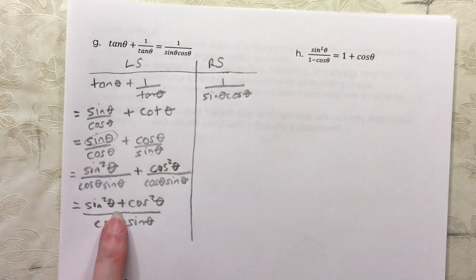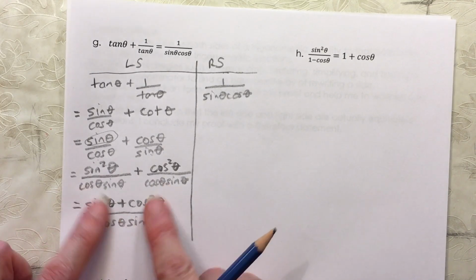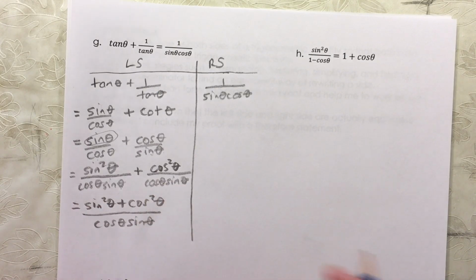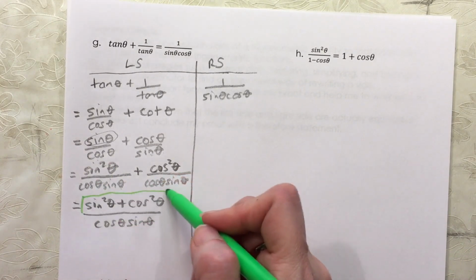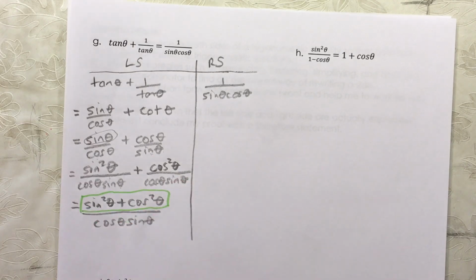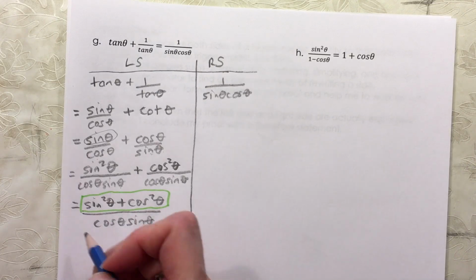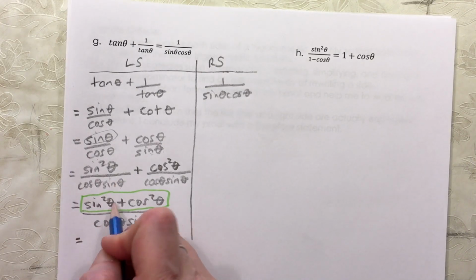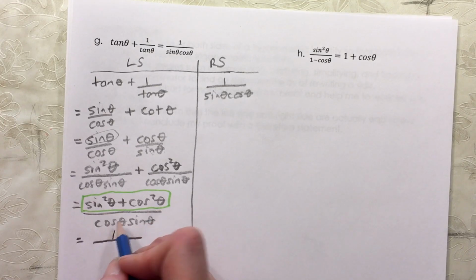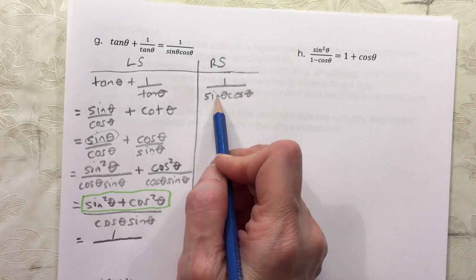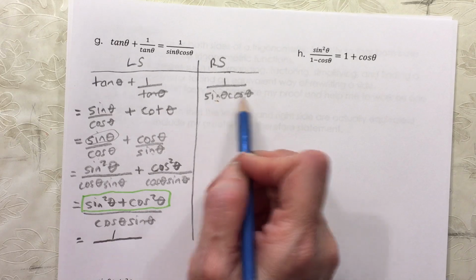And then again, there's a plus in the middle, so we can't do any dividing out. But the top again turns out to be a version of our most famous identity, sine squared theta plus cos squared theta. Sine squared theta plus cos squared theta equals 1. So I can replace the numerator with 1. And the denominator is cos theta times sine theta, but if I look on the right side, I've got sine theta times cos theta.